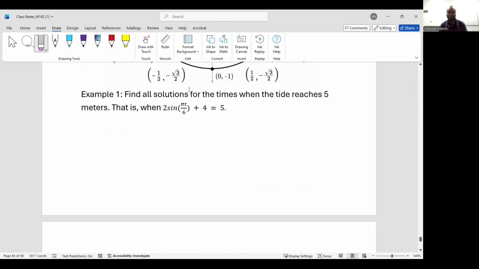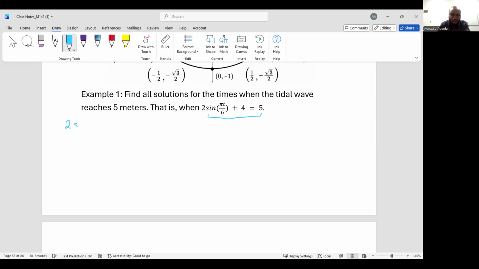Let us take an example. Find the solutions for the times when the tide reaches 5 meters. When the tide reaches 5 meters, when the tidal wave reaches 5 meters. That is when this equals 5 from our initial equation.